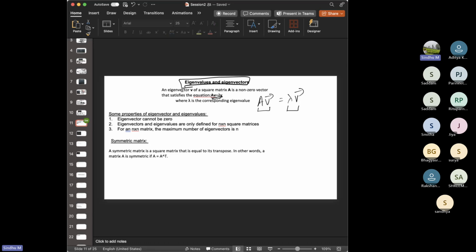And this scalar, this lambda, is the eigenvalue. And this vector that we are multiplying it with is the eigenvector.